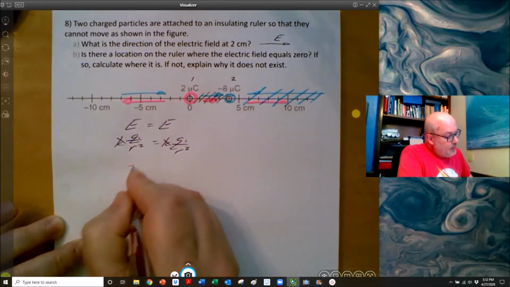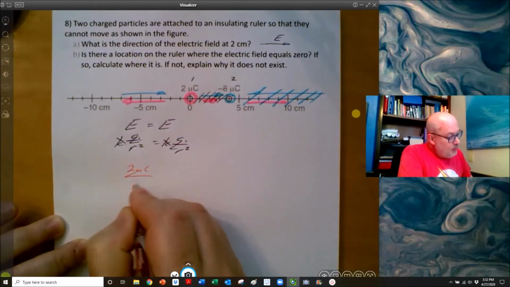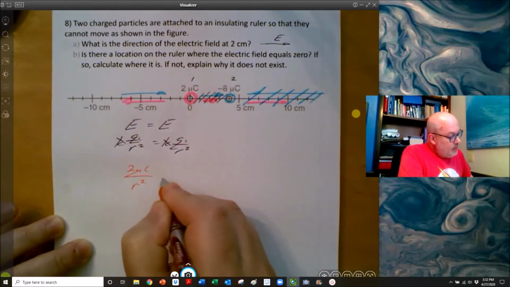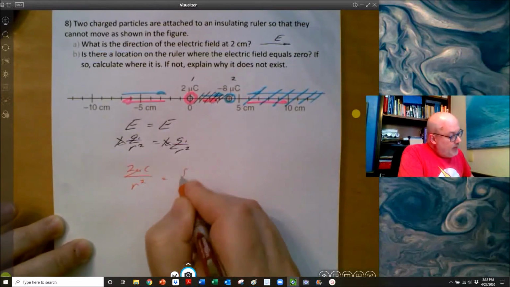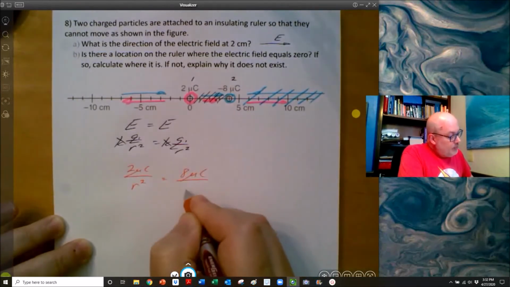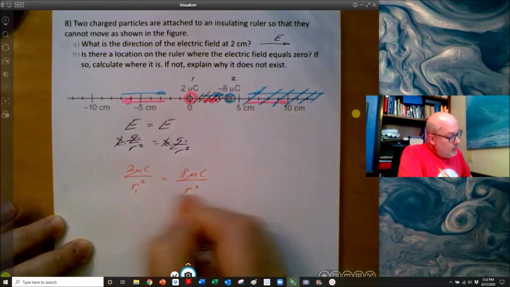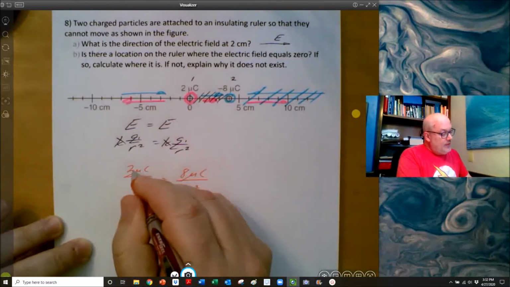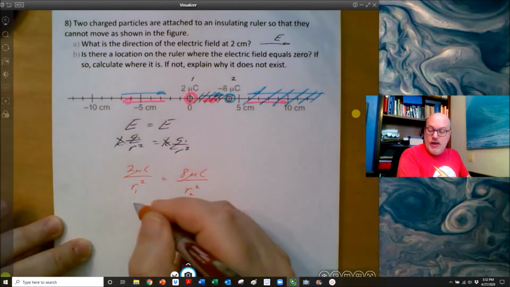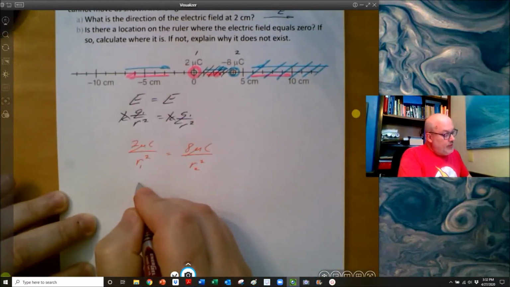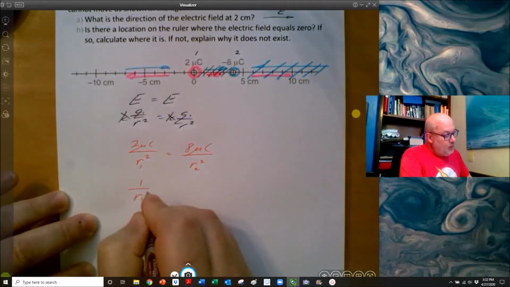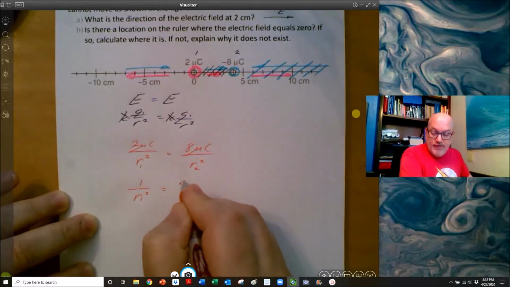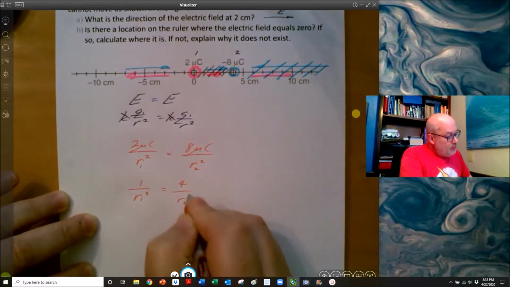So if I put 2 microcoulombs over r1 squared equals 8 microcoulombs over r2 squared, then notice that this is a 1:8, or a 1:4 ratio. So I end up with 1 over r1 squared equals 4 over r2 squared.